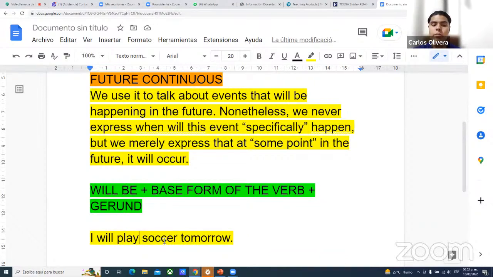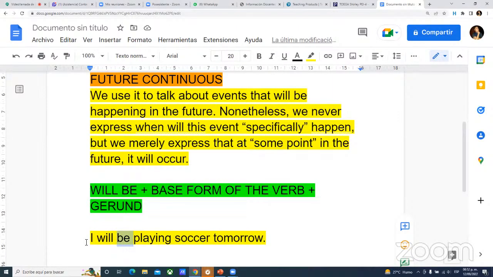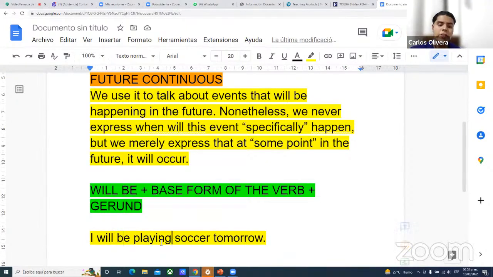Whenever you want to use an expression like I will play soccer tomorrow, this is jugaré fútbol mañana. But when you say it like this, it's estaré jugando fútbol mañana, right? Can you see the difference? Yes, exactly. As I say, it's because of the verb to be, estaré, and because of the ing or the gerund, it's estaré jugando mañana. It's a different expression, right?